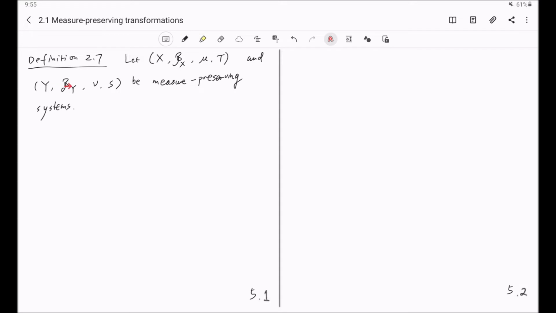Remember, those B_X, B_Y are sigma algebras on those spaces, and μ and ν are probability measures, and T and S are measure preserving transformations on those spaces. So T is from X to X, and S is from Y to Y.